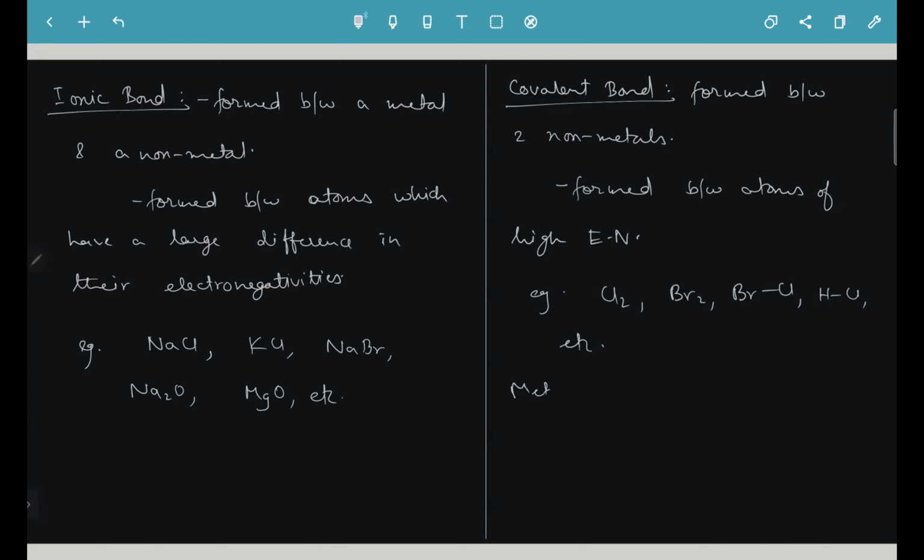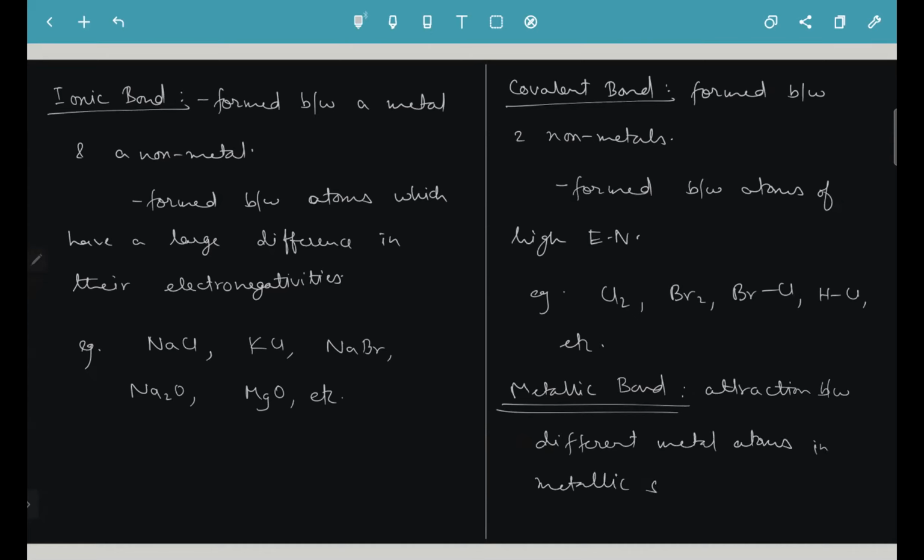Metallic bond is between metal atoms. It is the attraction between metal atoms in a metallic solid, such as in a pure metal or an alloy.